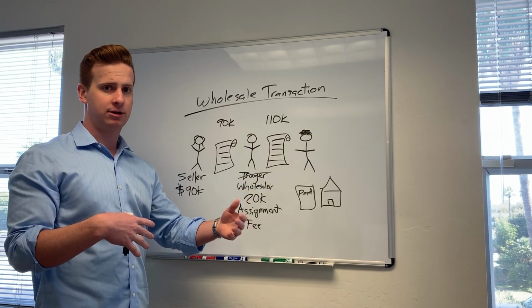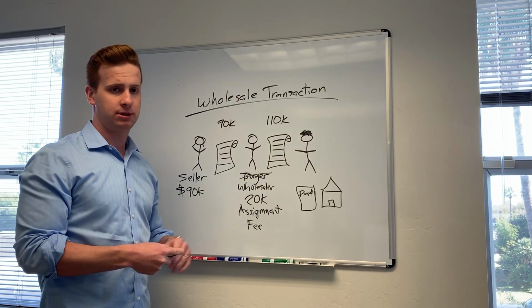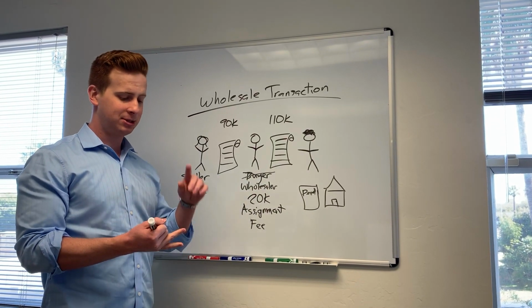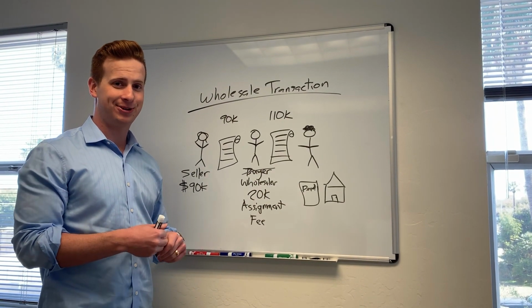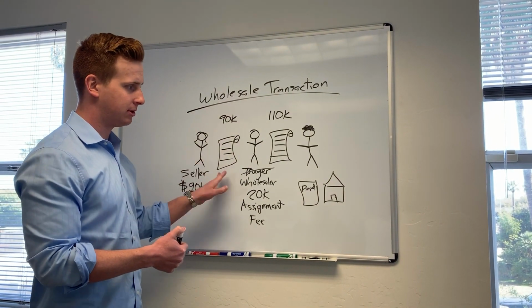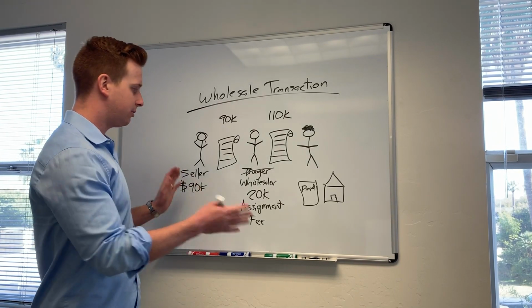You don't have to get a lender or anything along those lines, neither does your end buyer, because he or she will be closing in cash. So quick transactions, you don't enter into any debt. There's no risk on your part, because you're not purchasing this property at any point, so you don't have any risk of the market going up or down.